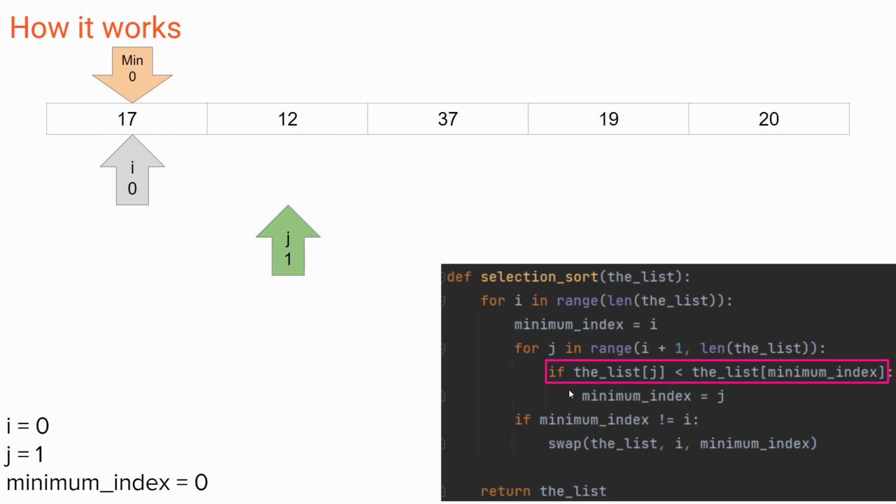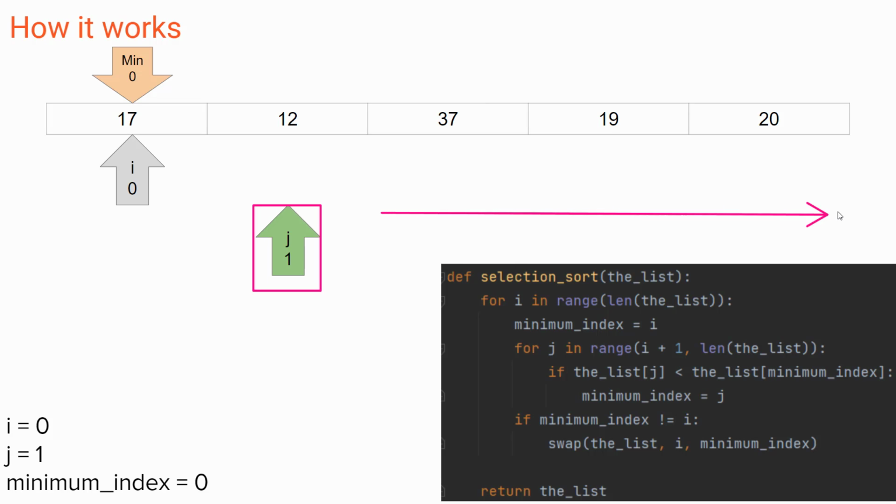If it is, then I'm going to go ahead and set my minimum index here. It's going to come over here. And then finally at the end, once j gets all the way over here and has exited, then we're going to swap, because this minimum index is going to point to the lowest value in the list, and then we're going to swap that and replace it with I. So let's look at this.